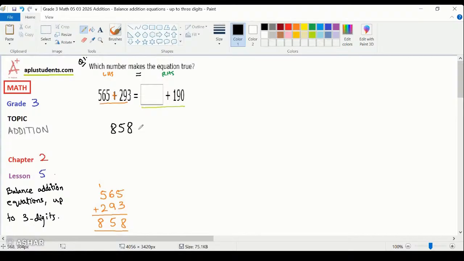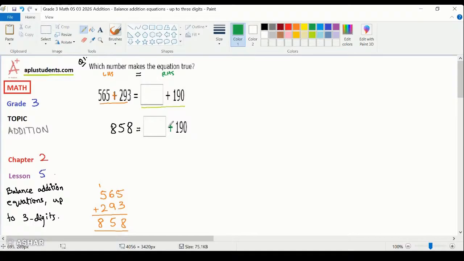It should be equal to something on this side, right? So what happens over here is a number is missing. We need to find the missing value. So if we need to find the missing value, this 190 was a plus. Agreed?